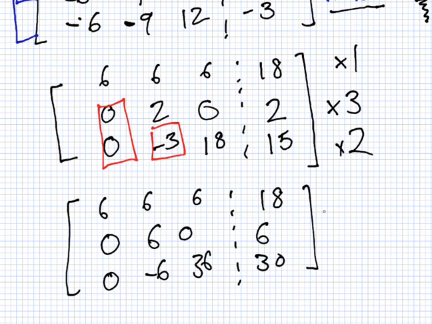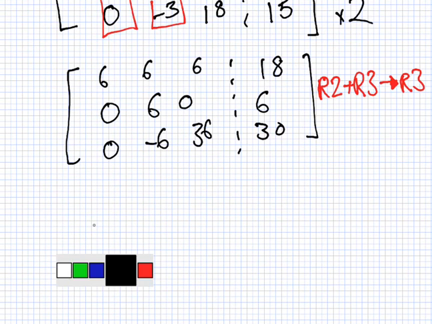Okay, what rows do I add together and where do I put the answer? And remember, I want to make this 0. Row 2 and row 3. And which one do I put the answer on? Row 3. Let's see what happens.